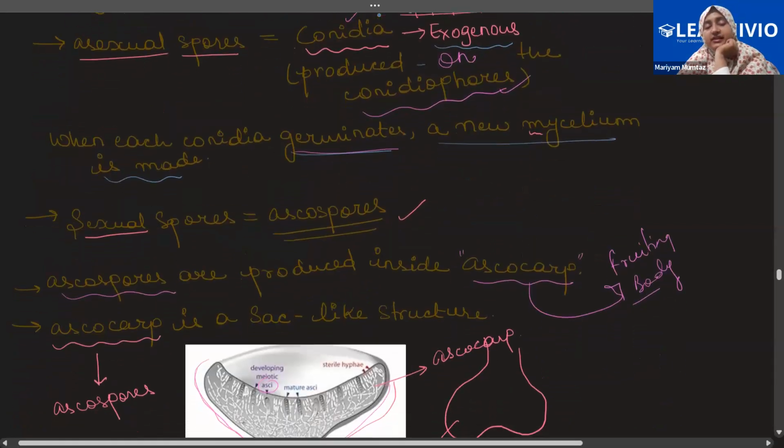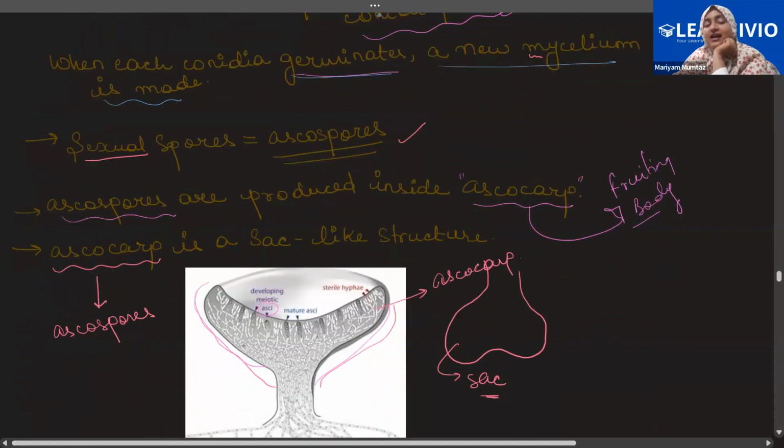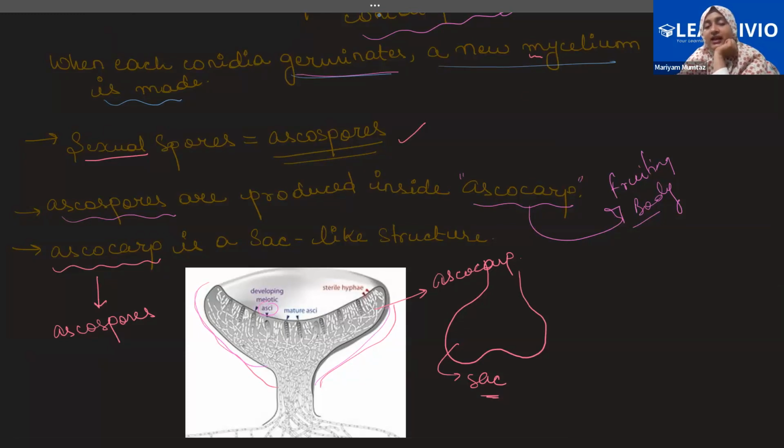Sexual spores. Now, sexual spores are the ascospores. Ascospores are produced within the ascocarp. Ascocarp is the name of the fruiting body. And as I told you, in fungus, the fruiting body is responsible for making the spores inside.